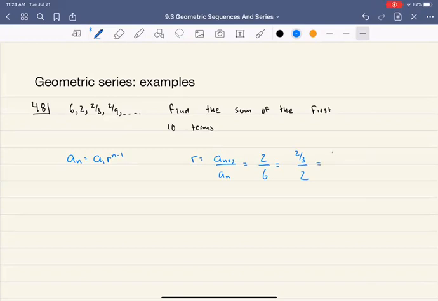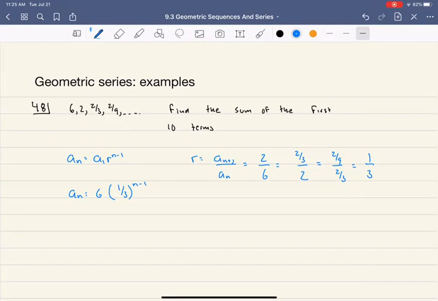Does that equal 2/9 divided by 2/3? And in all three cases, we end up with 1/3. So now our sequence is a sub n equals 6 times 1/3 to the n minus 1. That's our sequence.